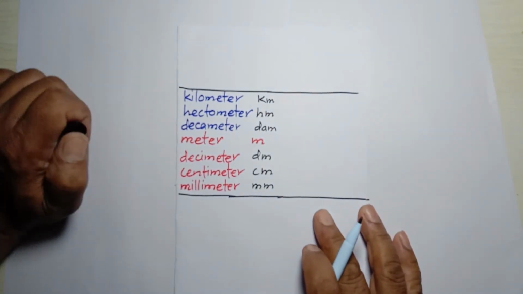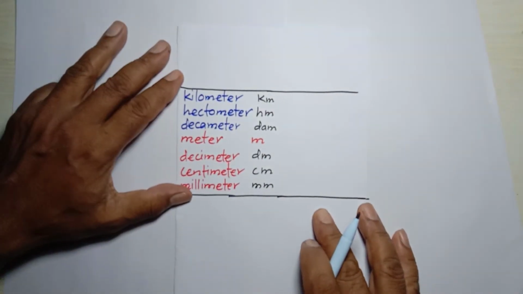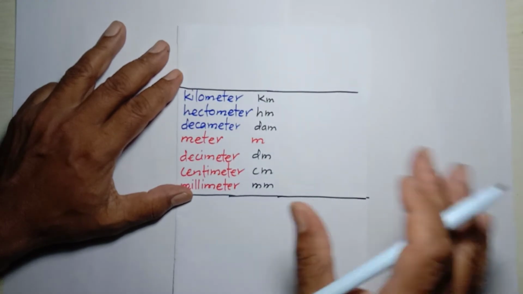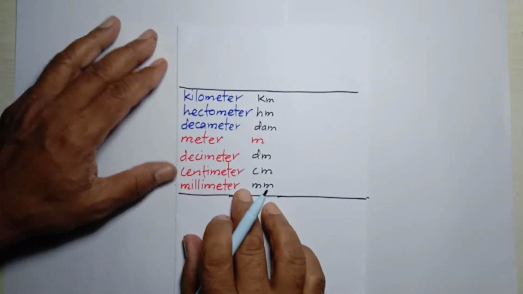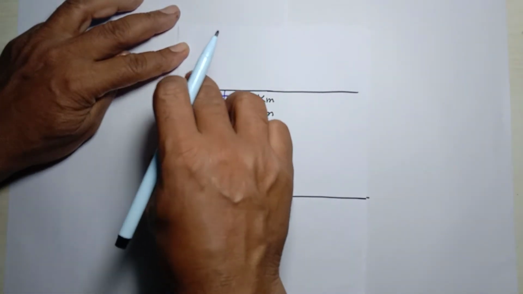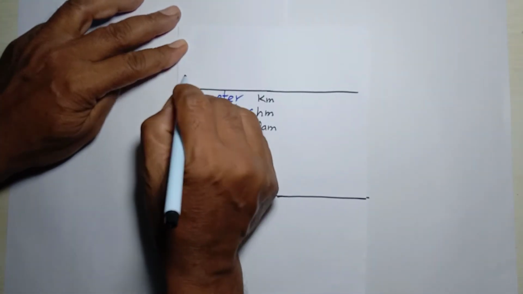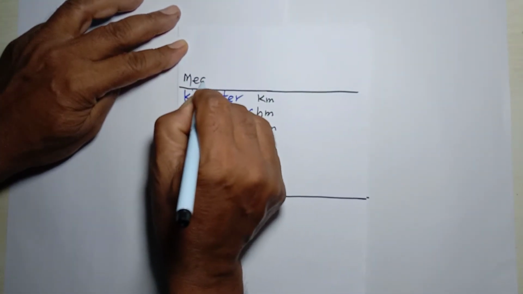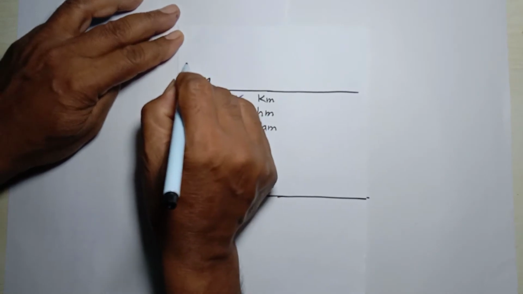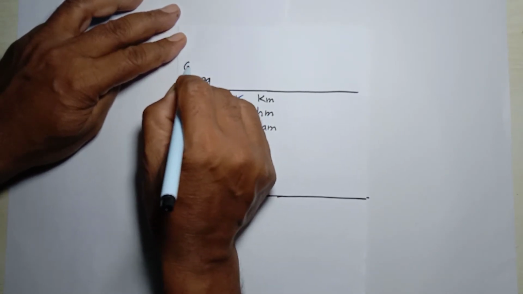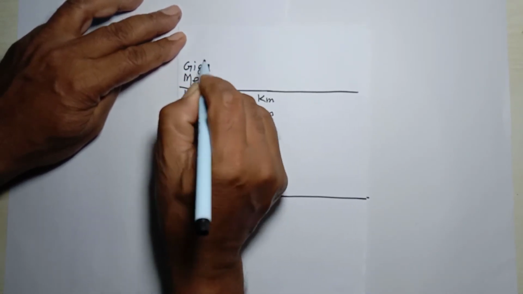We know this. Now there are some units which are bigger than kilometer: mega, giga, tera, peta, exa. M-E-G-A, mega. Now giga, G-I-G-A, giga.